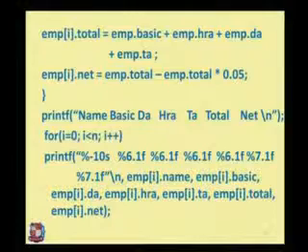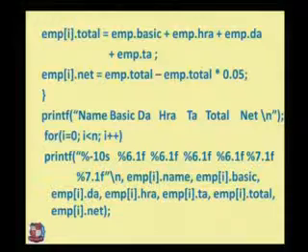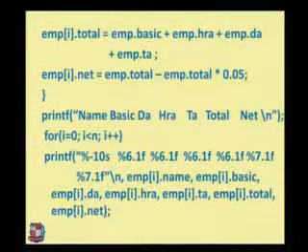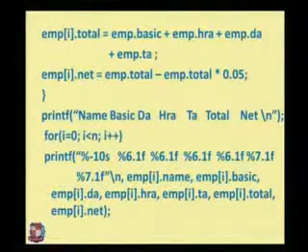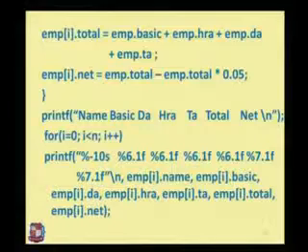So the deduction is deducted. Then we can print these values in a table format. To put the values in table format, we make a table header: printf name, basic, DA, HRA, TA, total and net salary. Then for printing the values of more than one employee, we again use a for loop.